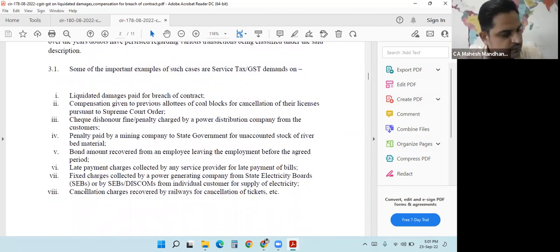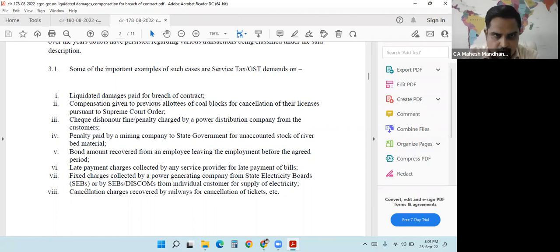The parties to the agreement enter into an agreement that if one of the parties to the contract is not able to perform the contract in accordance with its terms and conditions, these conditions may be to supply the goods or services within a particular period of time. Number one. Number two, to supply the goods or services of a particular quality. These are generally two conditions.